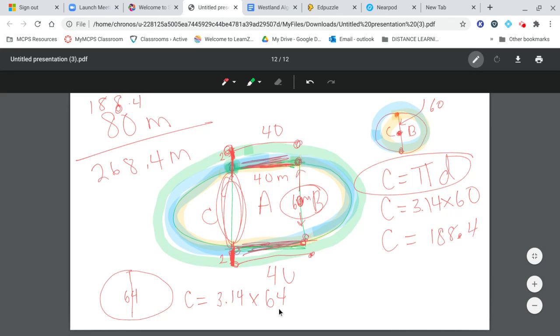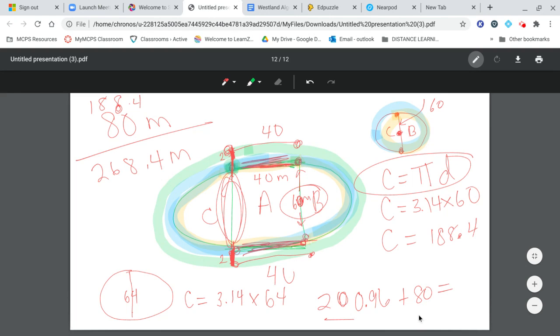And when you do that, you get 64 times 3.14, you get 200.96. Okay? And that means you would have to add the 200.96, plus the 80. Don't forget the straightaways, the 80.